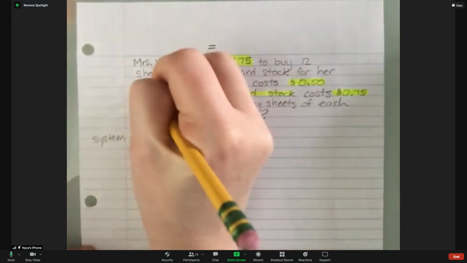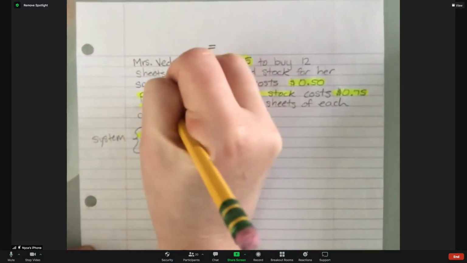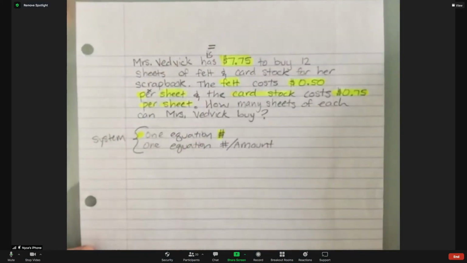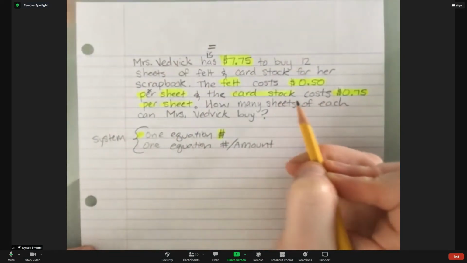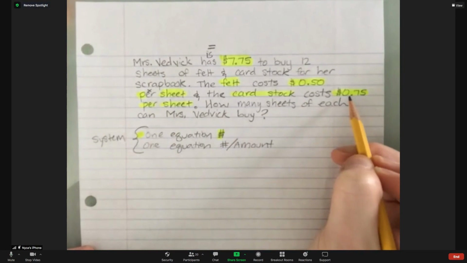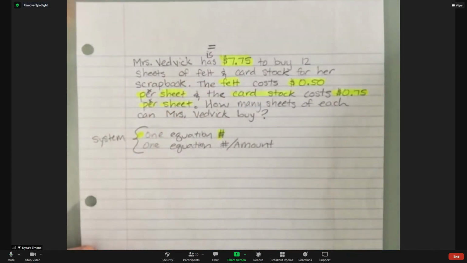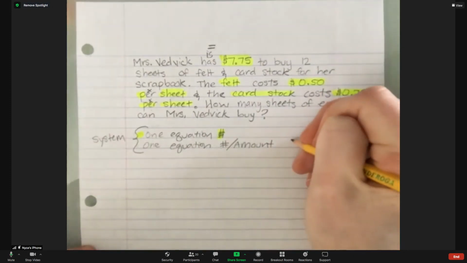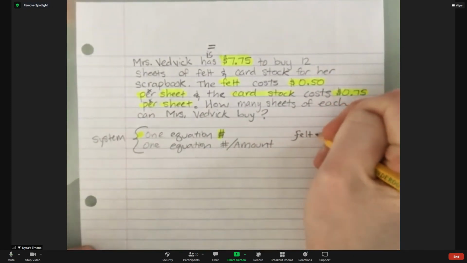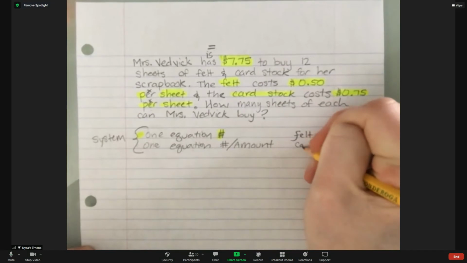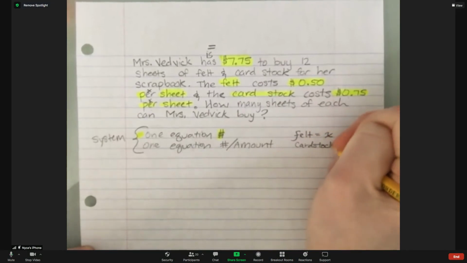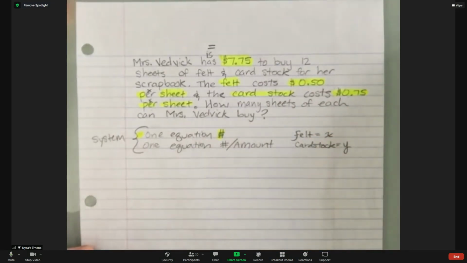Wherever you see the word per, that means multiply, and then there's a variable. Now, you can think, do you want to make the felt your X and the cardstock Y? So let's pull out our given.